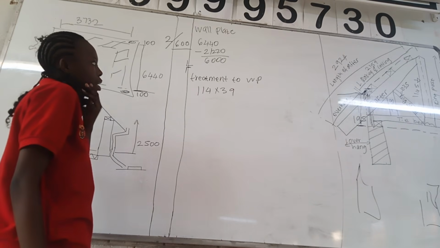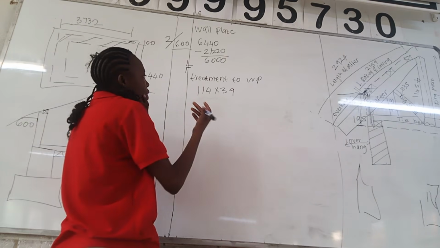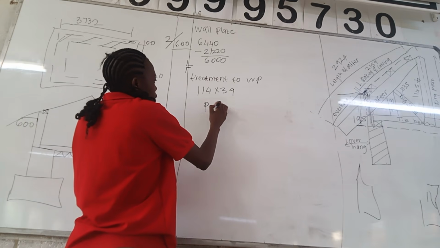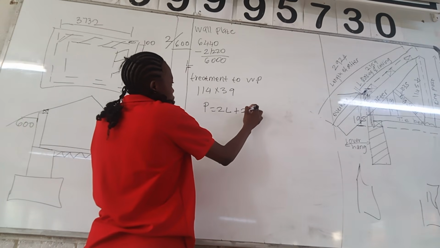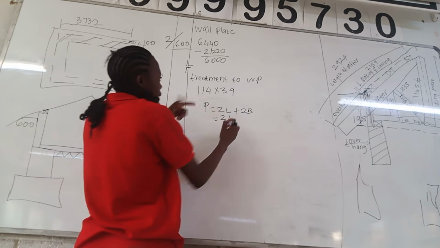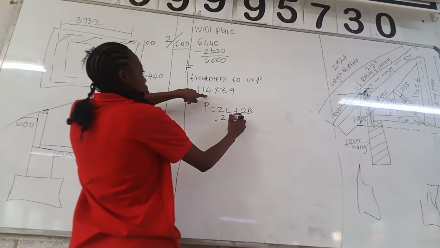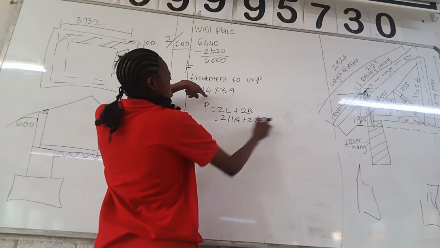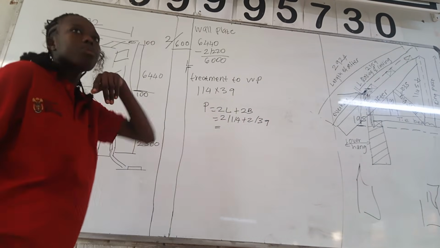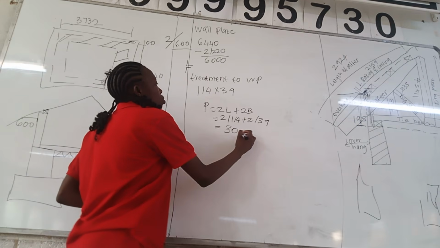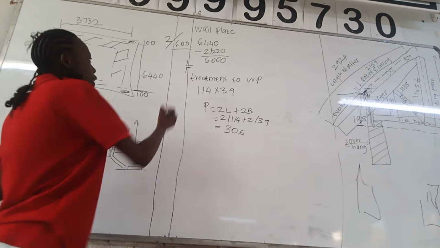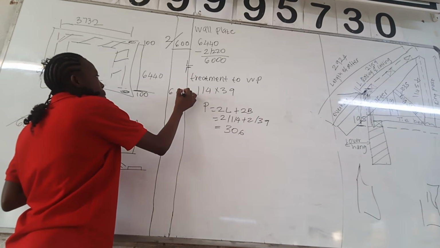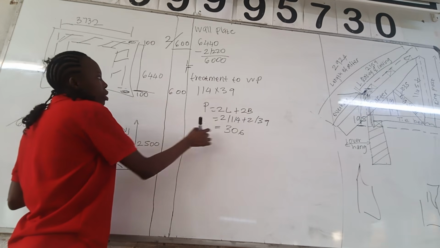How do you calculate the girth? You find the perimeter, which is 2L plus 2B. So the length is 114 plus the breadth, which is 39. What do we get? 306. So for the pre-treatment of the wall plate, you take the length, which is 6,000, and then the perimeter.